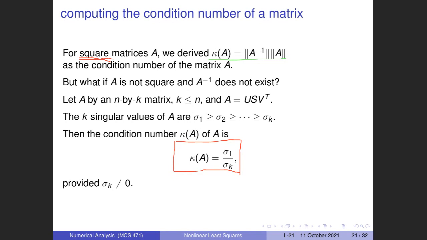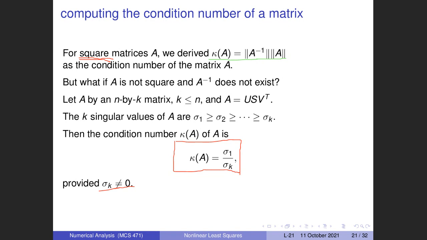But for the matrix, one can define the condition number as the largest singular value over the smallest singular value, provided that the kth one, so we have k columns, is not zero. If it is zero, or close to zero, you cut off at a threshold. So this is a very adaptable definition.